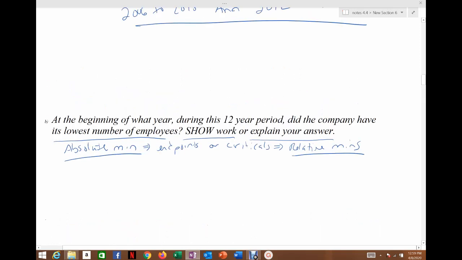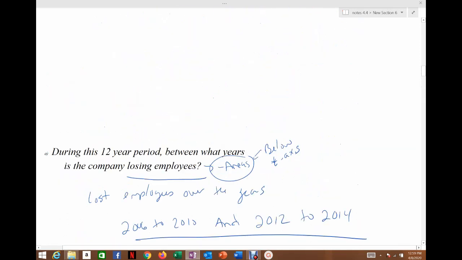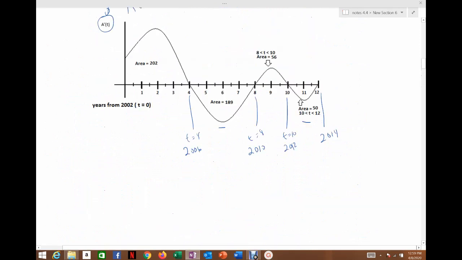If I go look at my graph, my critical points were at 4, 8, 10, 12. My endpoints are 12 and 0. I'm looking for the absolute minimum. If I look at 0, and kind of look at where the projection of this graph would be going, I would still be adding people up to 0.